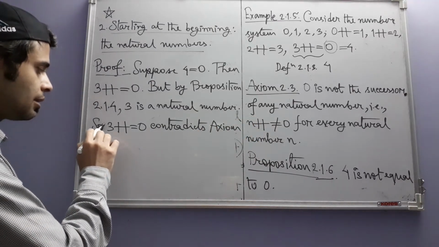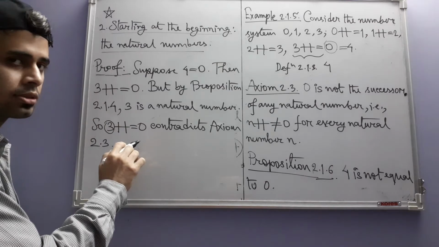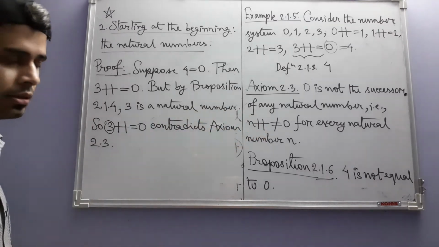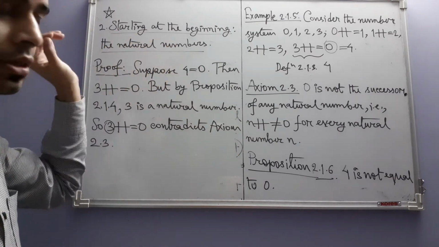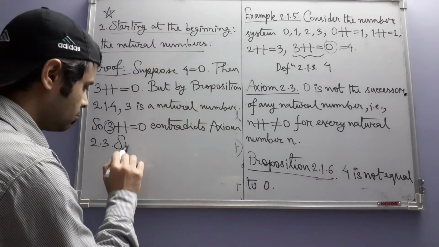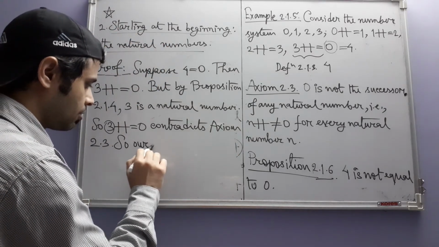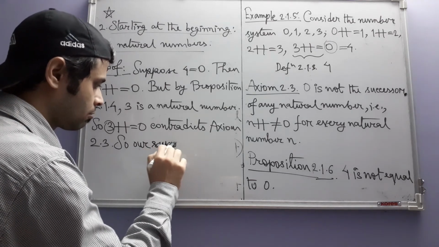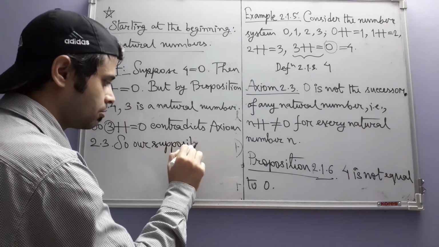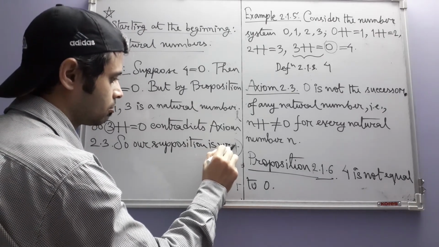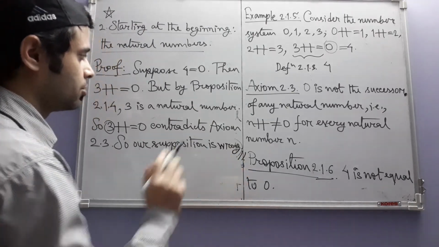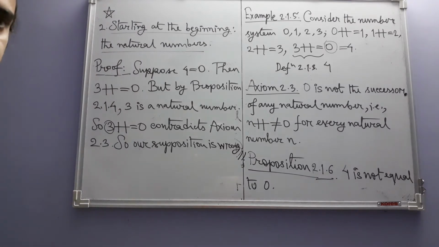But here 3 is a natural number whose successor is equal to 0. So this axiom is contradicted. So if we assume this axiom is true, then our supposition is wrong. That is, 4 is not equal to 0.